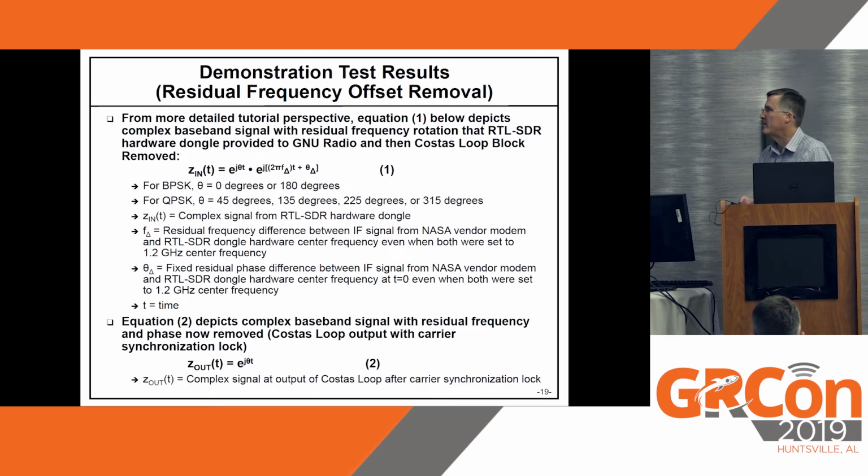Equation 1 would be the incoming signal before the Costas loop out of the dongle, and equation 2 at the bottom would be for after the Costas loop, where it's been removed, and now you just have the phase that you want. The 2 phases for BPSK and the 4 phases for QPSK.